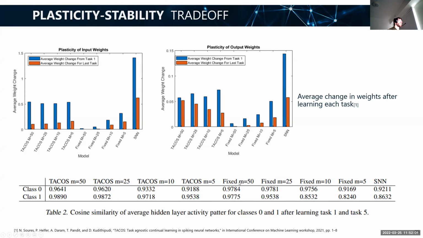So even though its pattern changed less, it never learned a meaningful pattern. It's a little misleading there, but we can see that it's still a much higher similarity than the SNN model, especially for the digit 1, where the cosine similarity dropped by almost 12.5%.